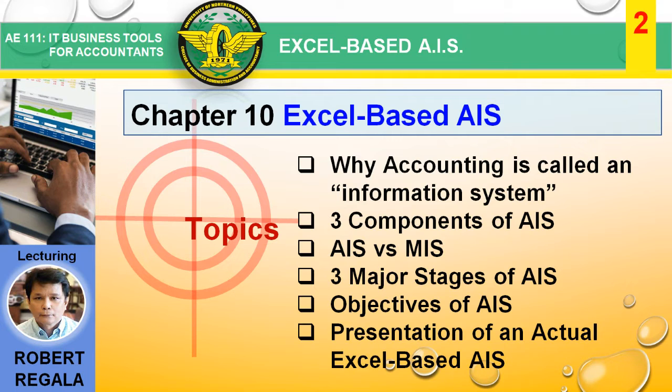Next, we will go into the details of the three stages, or the major processes, within the accounting information system. After that, we will have a look at the objectives of AIS before we go into the presentation of the Excel-based AIS that I have developed for this presentation. And so we're off to our first topic and the next slide.